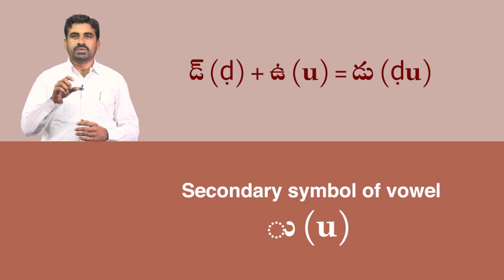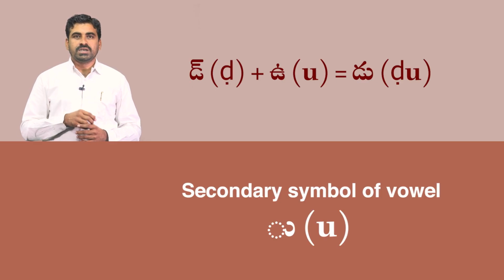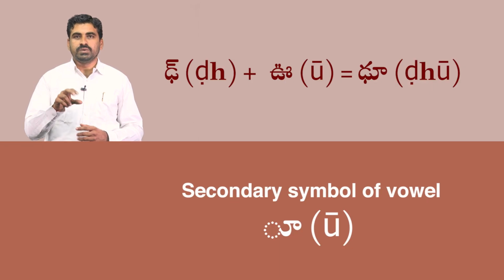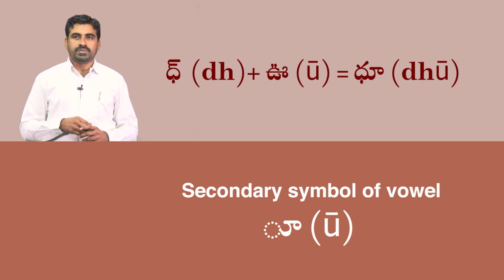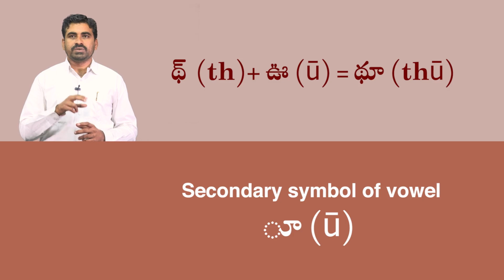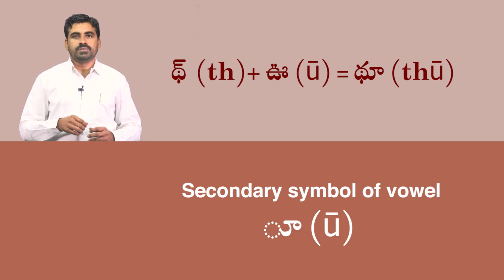The consonant letters indicated in this group are to be added to the secondary symbols of the vowels introduced in these groups. The resulting forms will be as under: dha plus u, dhu; tha plus u, thu.